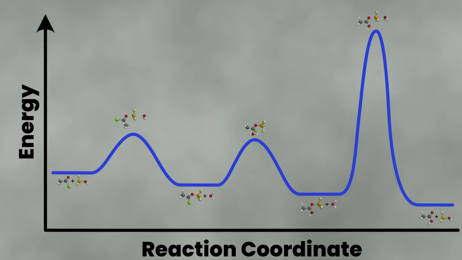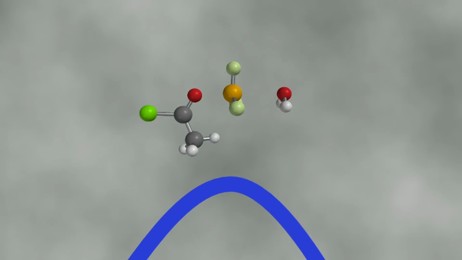The energy needed to get over these bumps is called activation energy. And if you want to learn more about how that works, why not check out my video on activation energy later. Now, a transition state is the arrangement of atoms at the absolute peak of an energy bump.